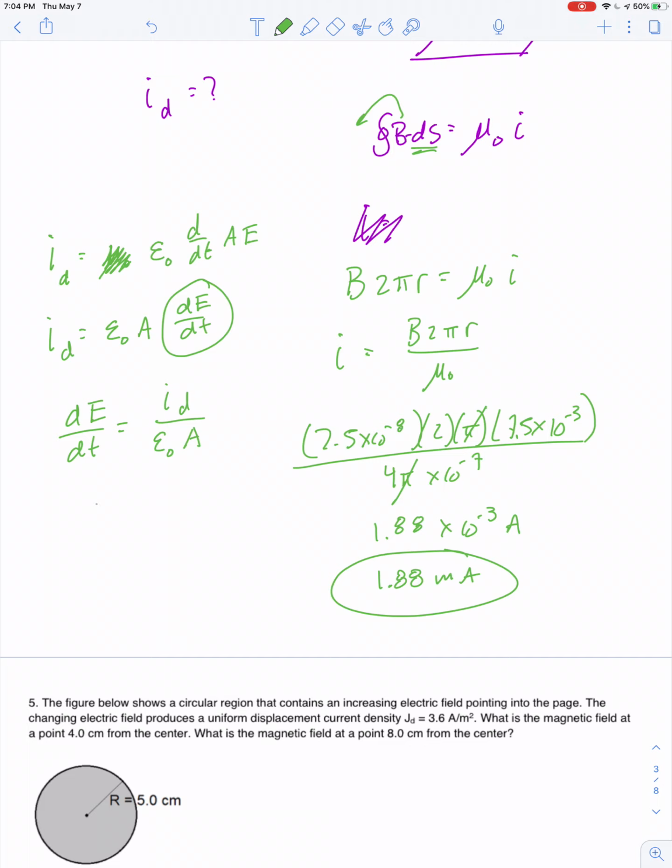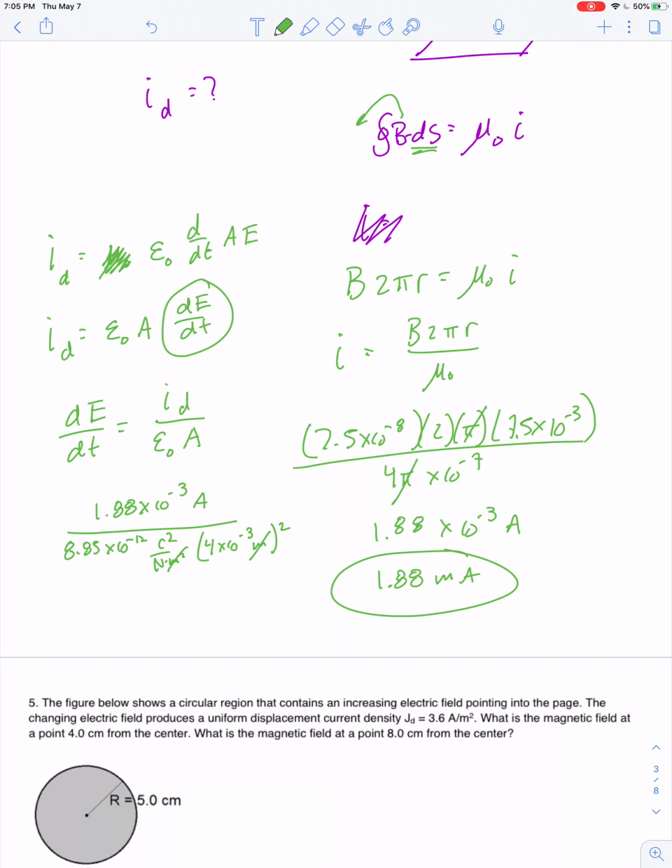So in this case it's 1.88 times 10 to the negative third amps divided by 8.85 times 10 to the negative 12th Coulomb squared per Newton meter squared, and the area is 4 times 10 to the negative third meters quantity squared. Those meters are going to get squared and cancel with these.